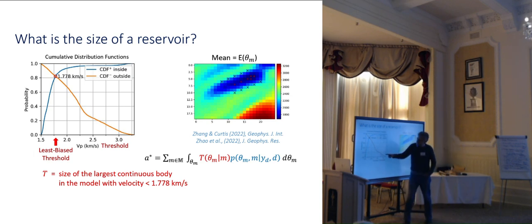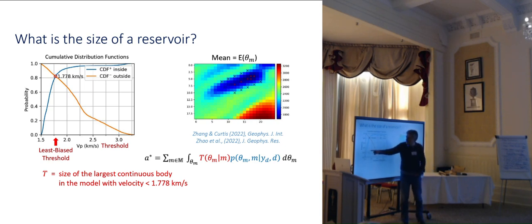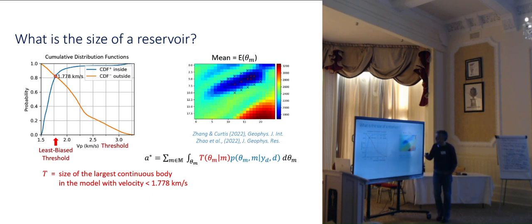The other one works in the other direction. If I define my threshold at, let's say, 2.5, in that case I will only have a 0.3 probability of correctly defining the outside cells as outside. In fact, 70% of the time I will incorrectly assume that they are inside.